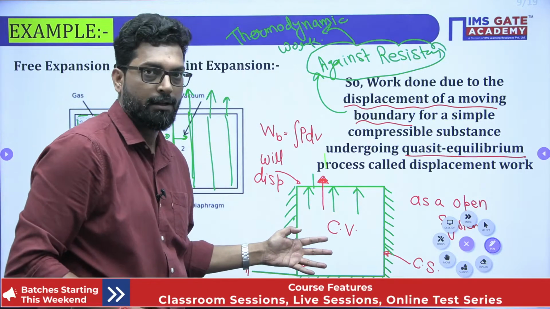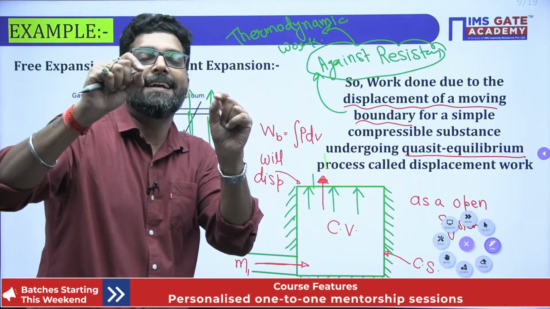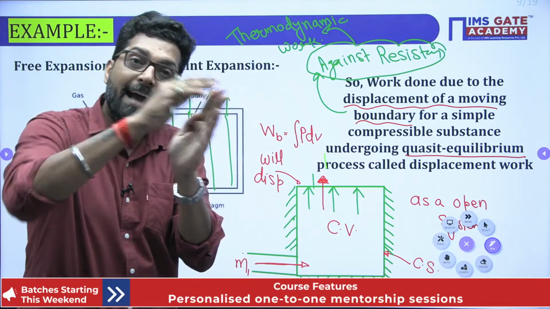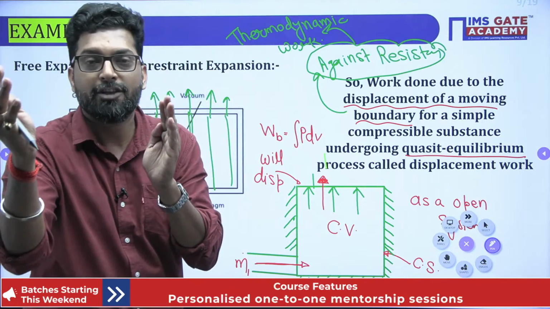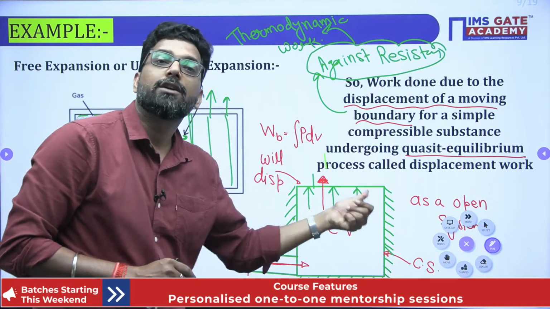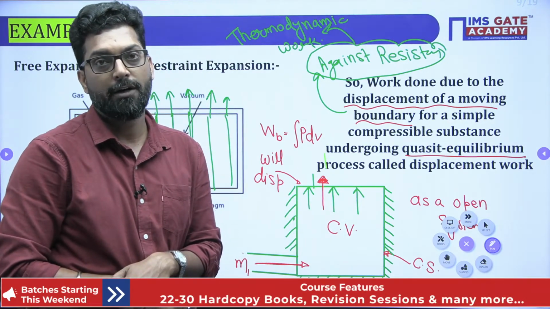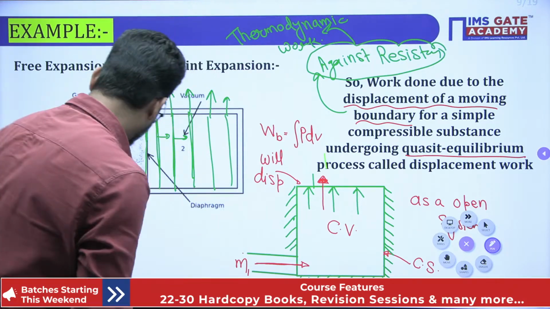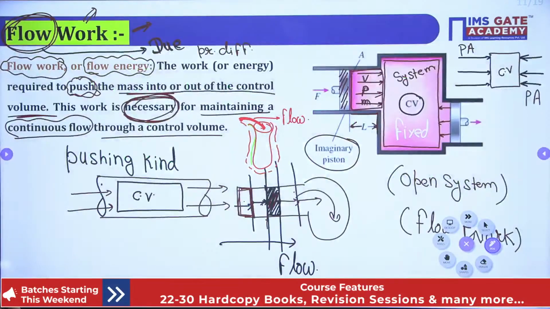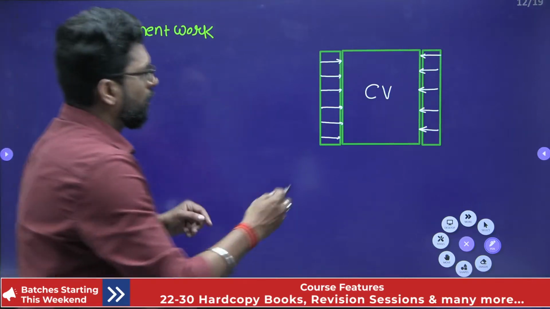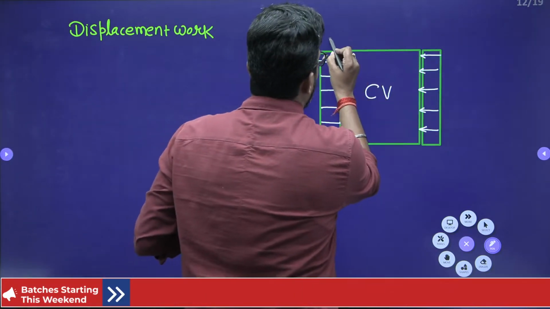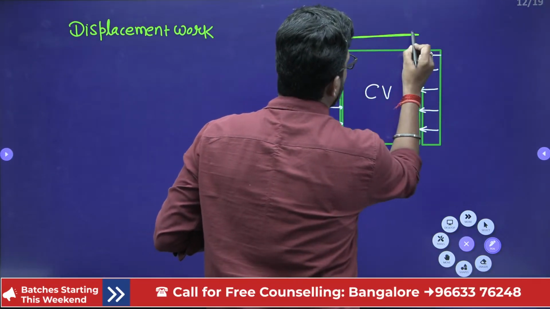In this situation, there may be only one inlet. At that point, if any boundary is displaced, in that condition, flow work is equal to displacement work. No problem at all. Okay. Now, there is a motion in this direction.